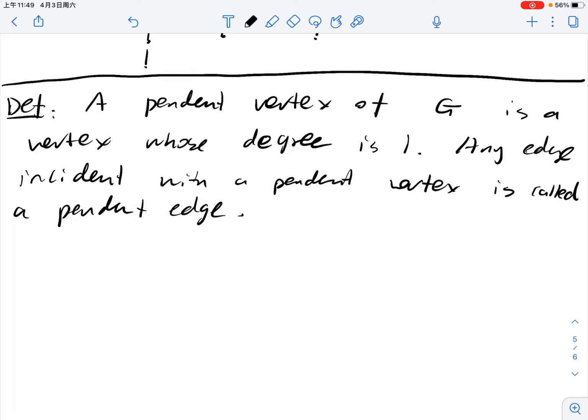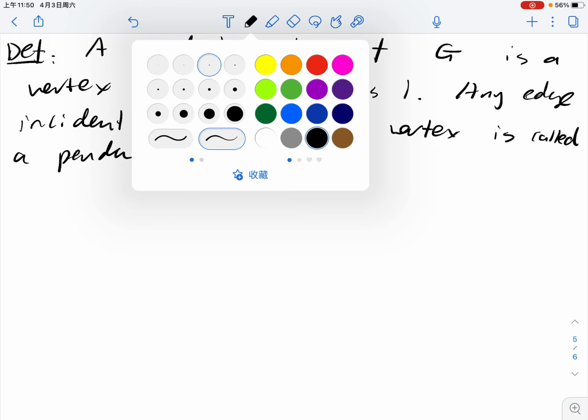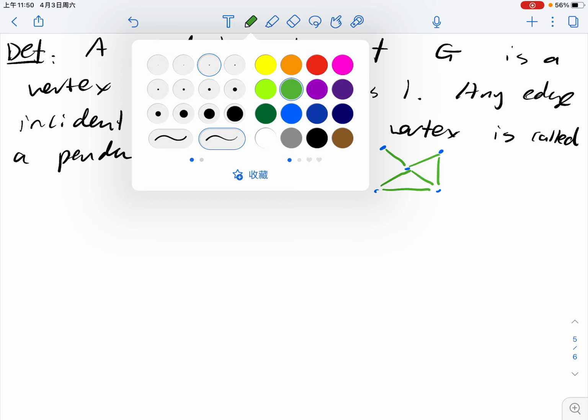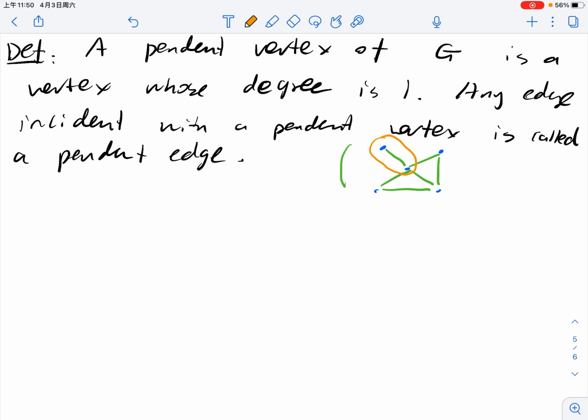Notice that for a pendant edge, you only require one of its endpoints to be a pendant vertex. For example, this one is a pendant edge because one of its endpoints is pendant.